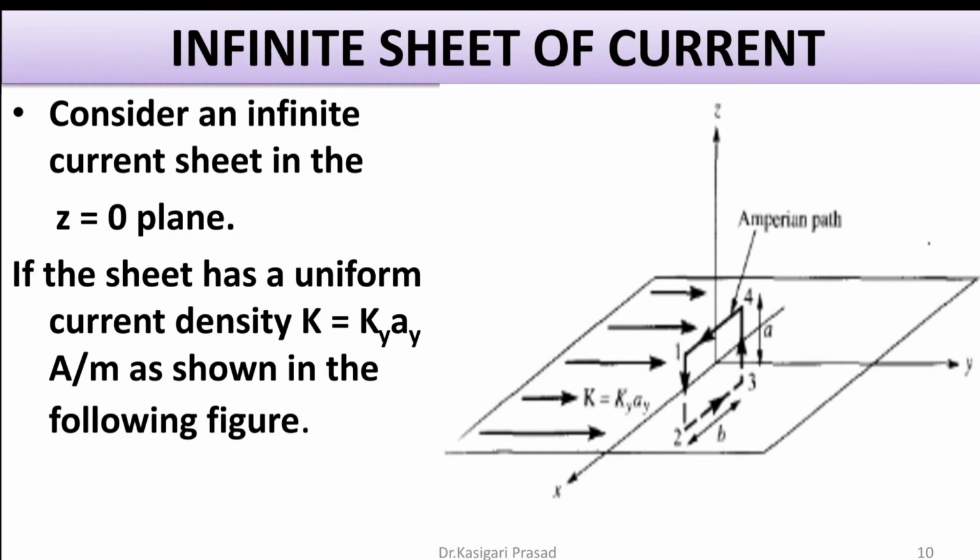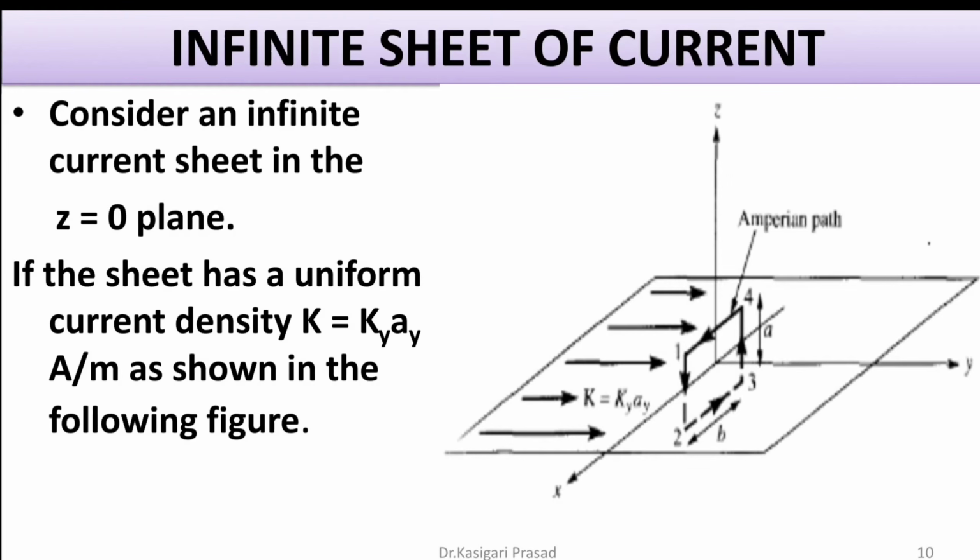Here we have taken an Amperian path from 1 to 2, 2 to 3, 3 to 4 and 4 to 1. The horizontal distance in that Amperian path is b, from 2 to 3 and from 4 to 1. Similarly, the vertical distance from 1 to 2 is a, and from 3 to 4 is also a.